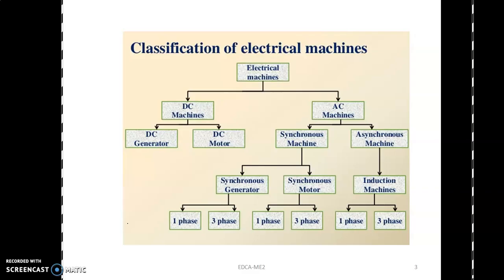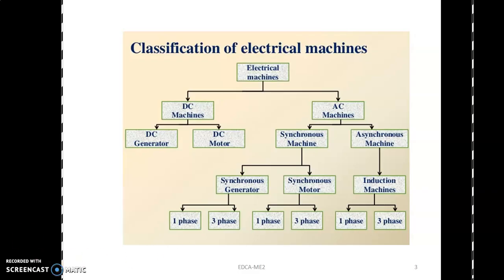AC is alternating current, whose direction changes from time to time. That means it has both a positive cycle and a negative cycle. DC is direct current, that is, a steady value of current. It has the same polarity, either positive or negative. It can't alter its polarity.